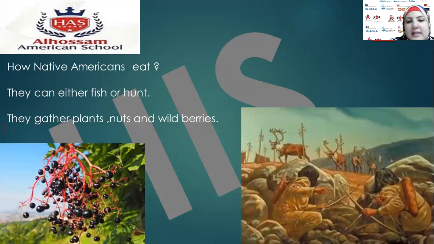How Native Americans eat. Native Americans can either fish or hunt, as you see here in the picture. They used to hunt animals like deer, and they used to gather plants, nuts, and wild berries.